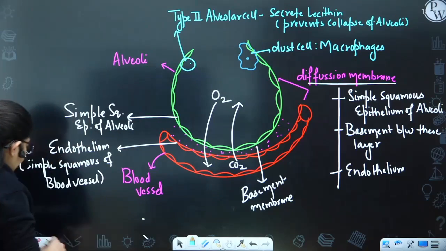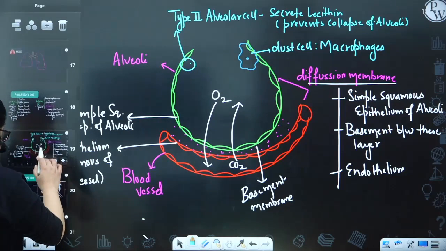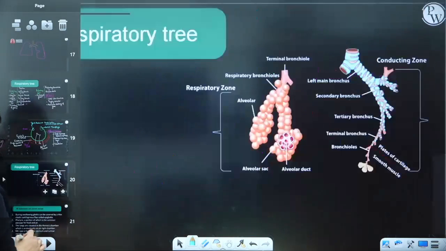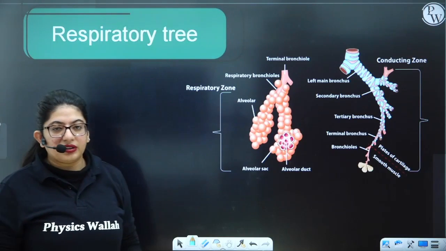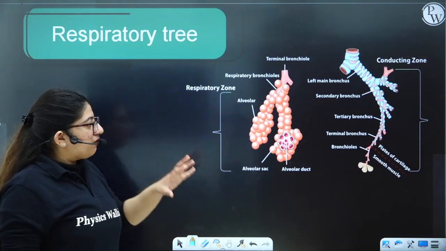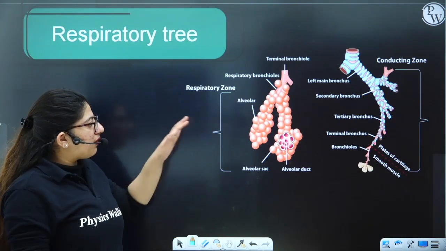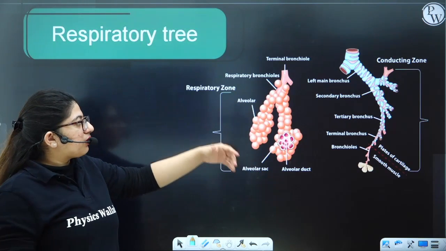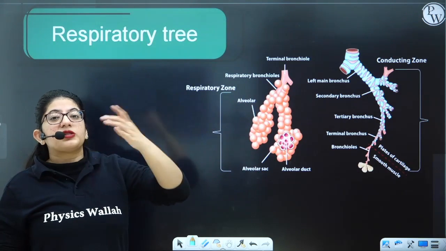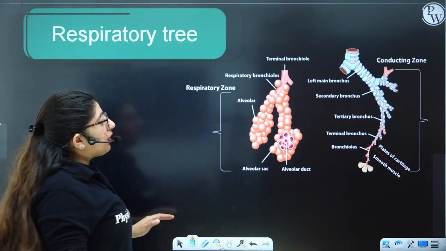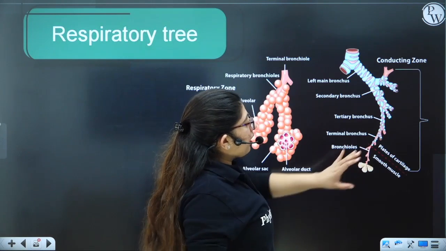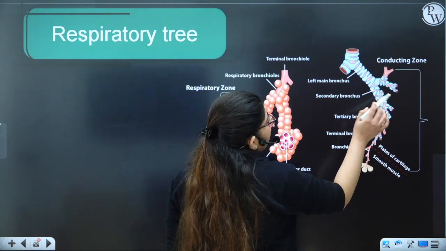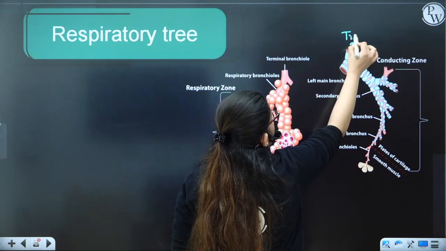Moving to the external structure of lungs. All right. So before that, let's talk about the respiratory tree. We have discussed the respiratory tree. I brought this diagram just for you so that you can see how the respiratory tree actually looks. Here you can see this is the conducting zone, where we have the trachea.